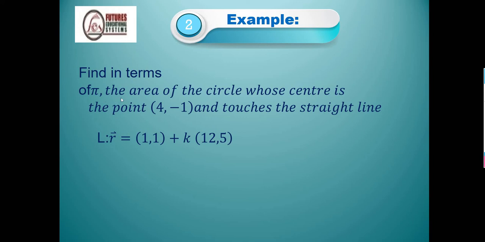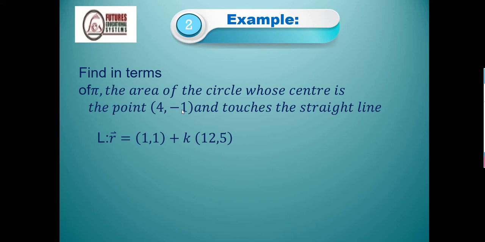Find, in terms of pi, the area of the circle whose center is the point (4, -1) and which touches the straight line L: vector r equals (0, 1) plus k (12, 5). The point (4, -1) is the center of the circle.